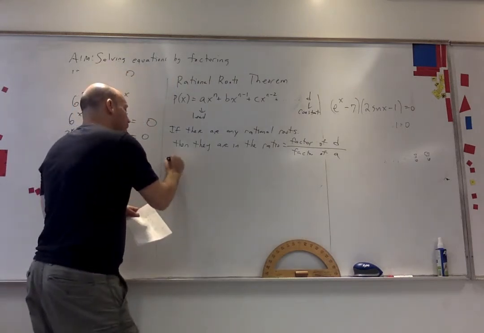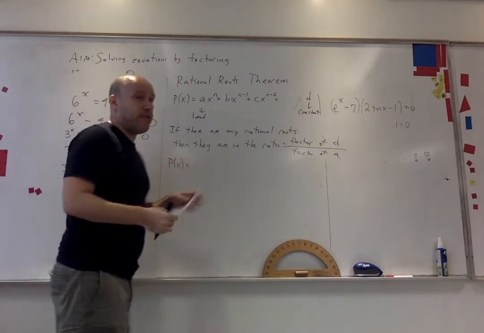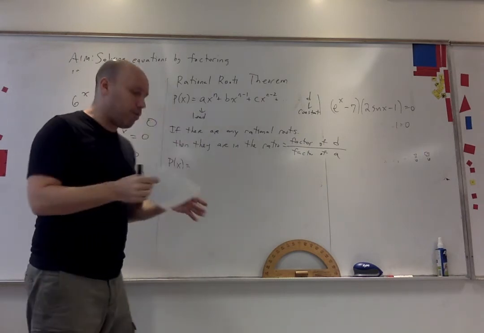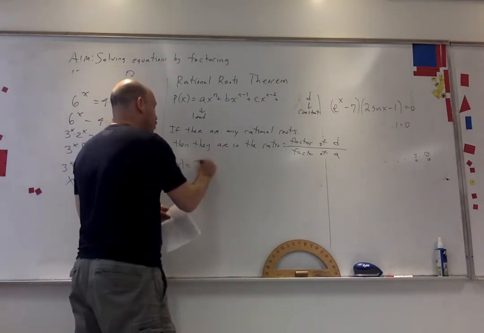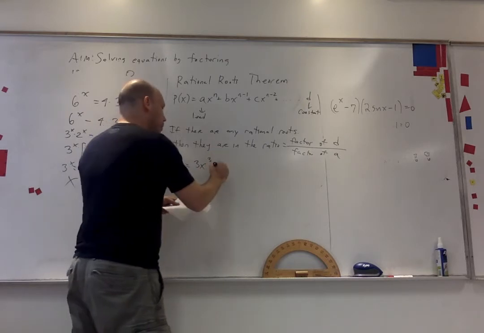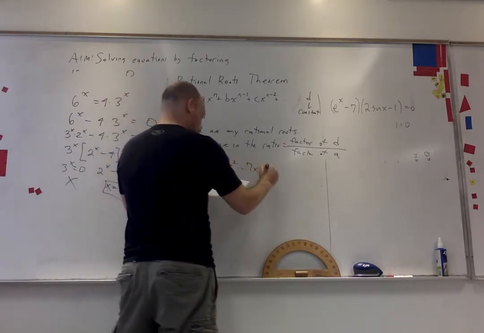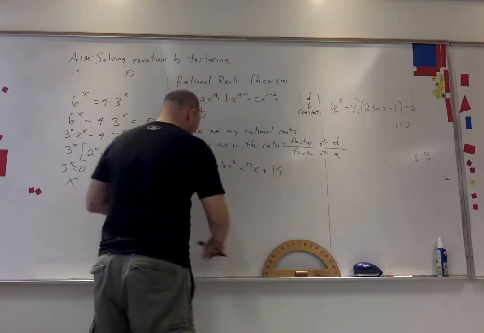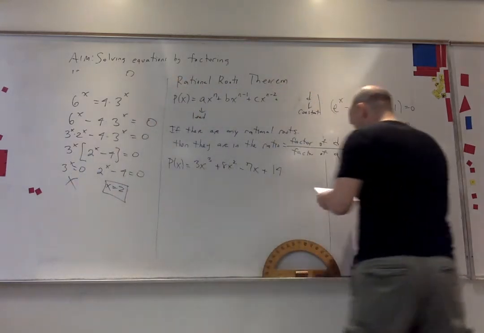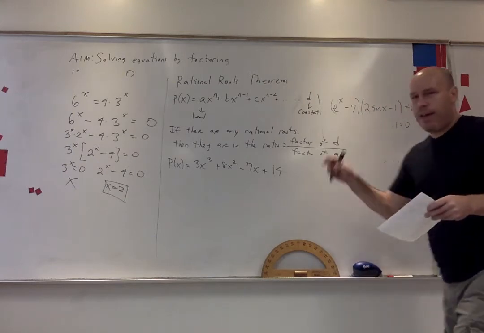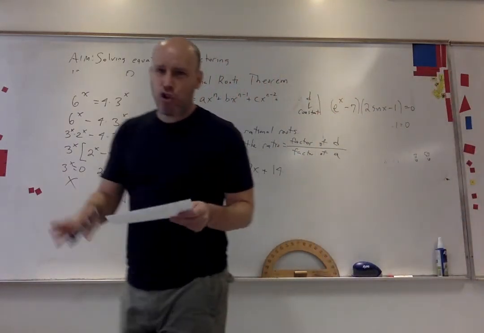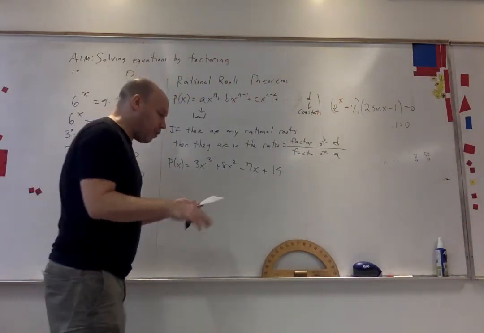So, if I give you this polynomial, which I just made up, 3x cubed plus 8x squared minus 7x plus 14, right? If there are any rational roots, then they're in the form of the ratio.